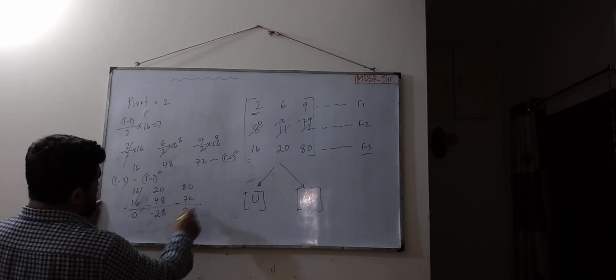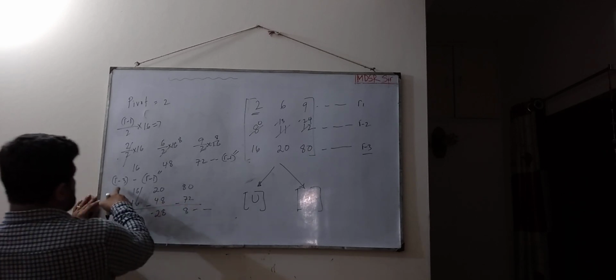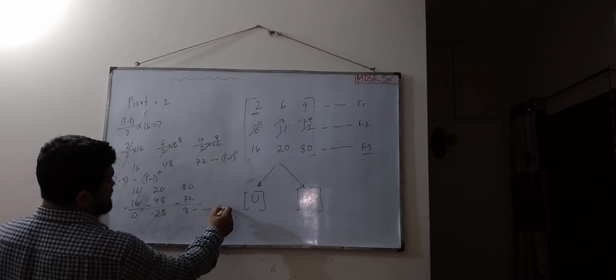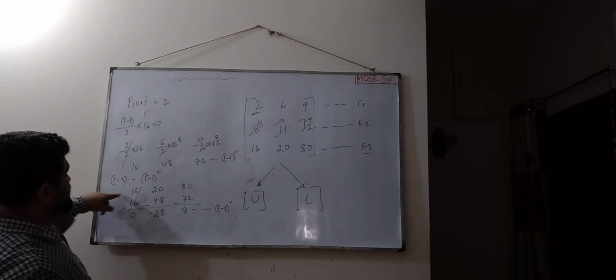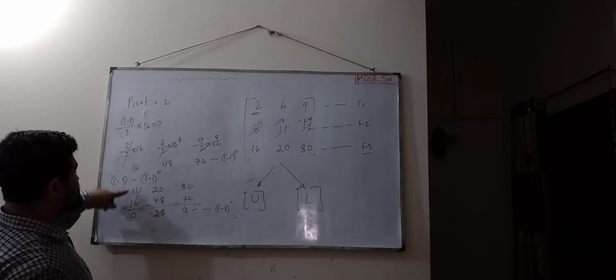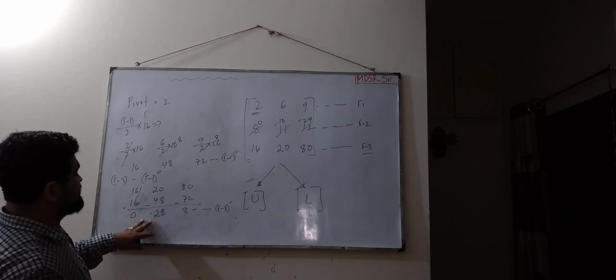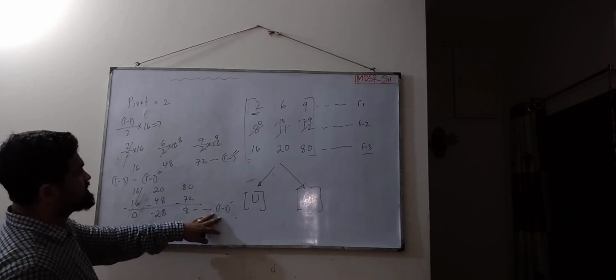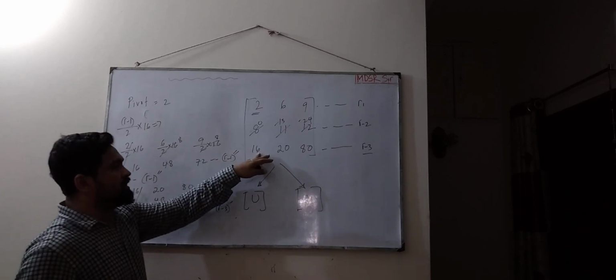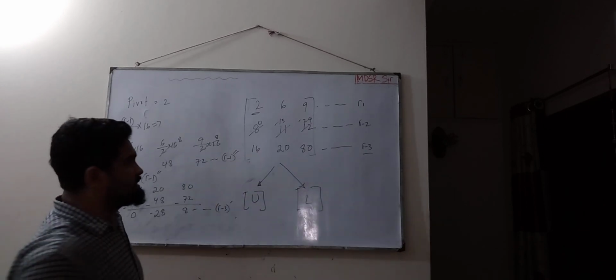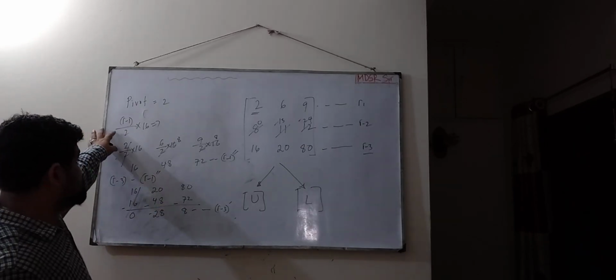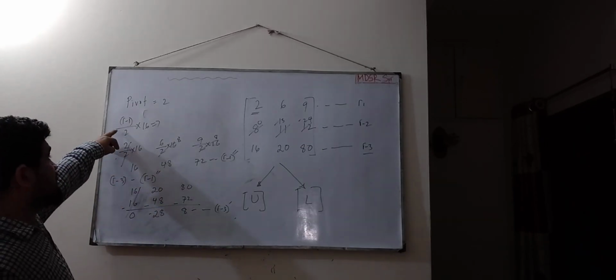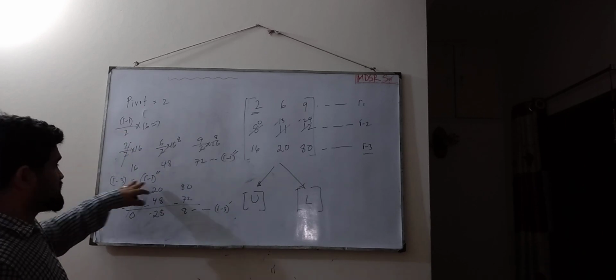So we can call this row 3 prime, because we subtracted from this row, and this is the modified version of row 3. We want to make this one 0, because that's what Gauss elimination does. So this is not 16 anymore after applying these two operations, this division, multiplication as well as subtraction.